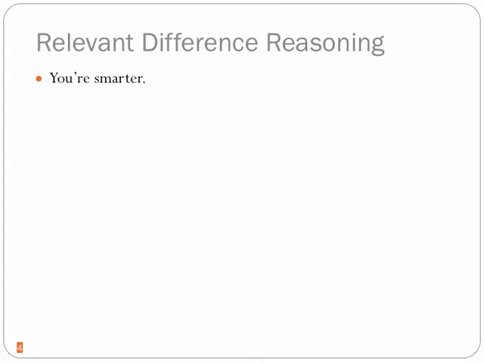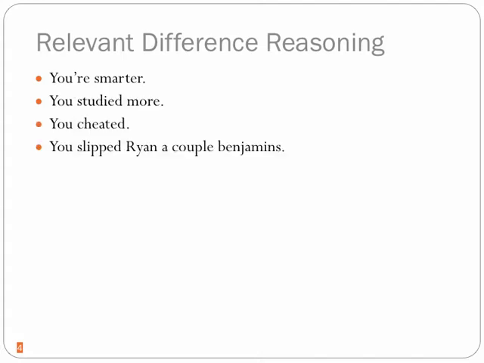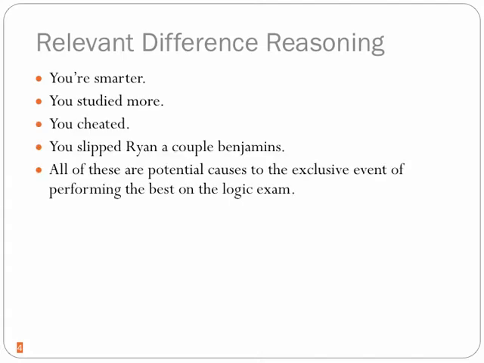If we have an exclusive event, then the cause is going to be known as the relevant difference, and we are going to be talking about relevant difference reasoning. Okay, so these are all the potential causes of the exclusive event.